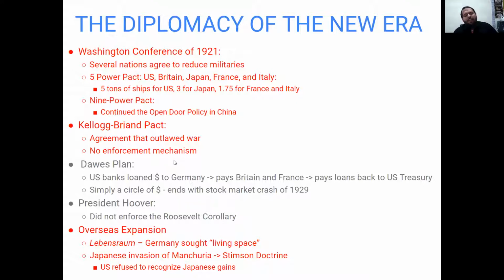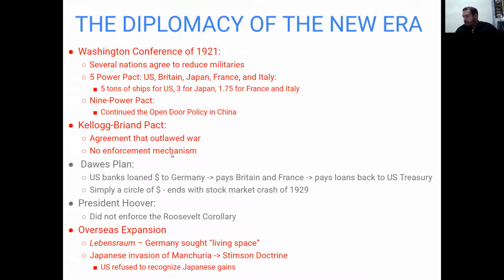You have the overseas expansion in Europe, as we learned last year, Lebensraum, where Germany is seeking more living space for their growing population. And Japan invades Manchuria in 1931.